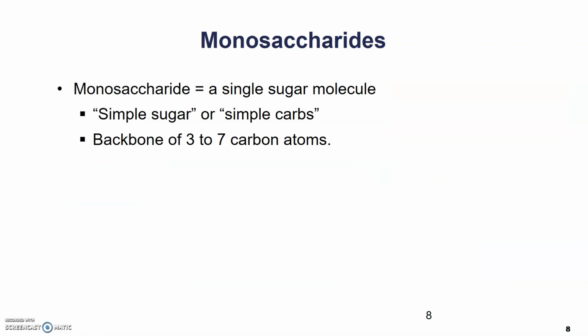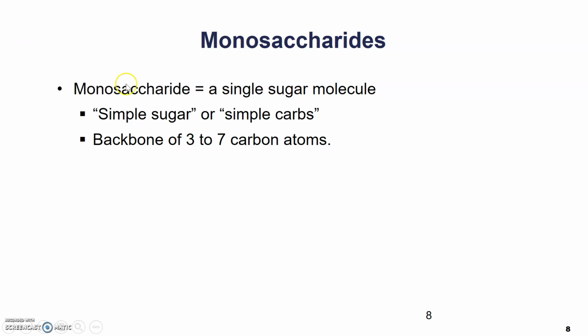A monosaccharide is one single sugar molecule. Mono means one, and saccharin, or sac, is Latin for sugar. So a monosaccharide is a single sugar molecule. You sometimes hear these referred to as simple sugars or simple carbohydrates, at least when we're talking about nutrition and diet.